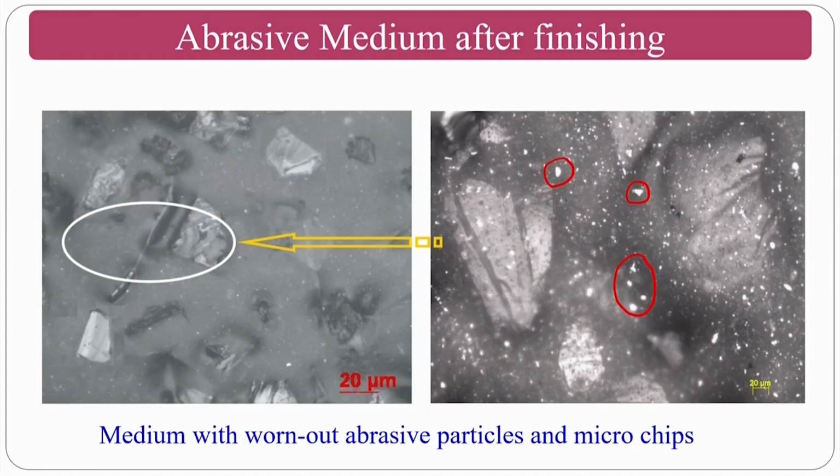So, you can clearly see chips of different sizes, these different sizes because of your shearing nature. Some of the abrasive particles may agglomerate and shear, so you will get a big chip. If one abrasive grain is shearing, you may get a small chip.